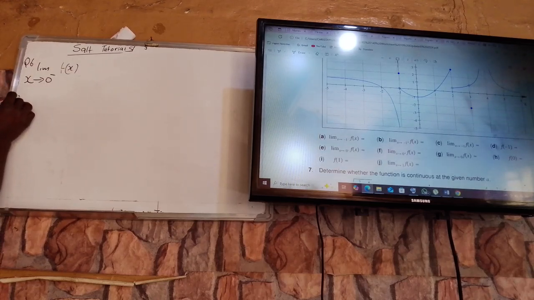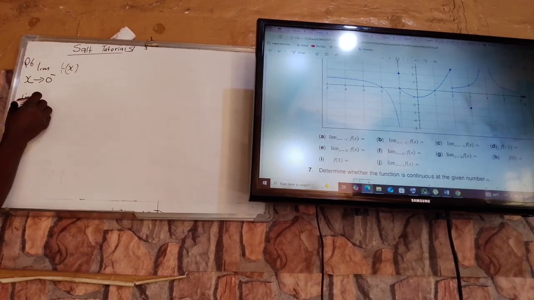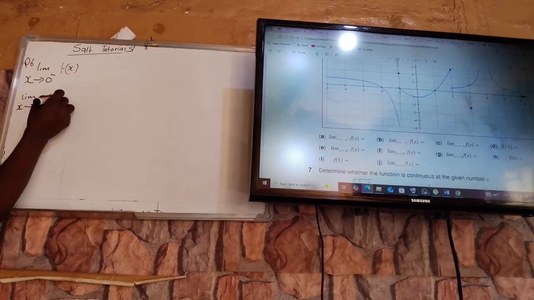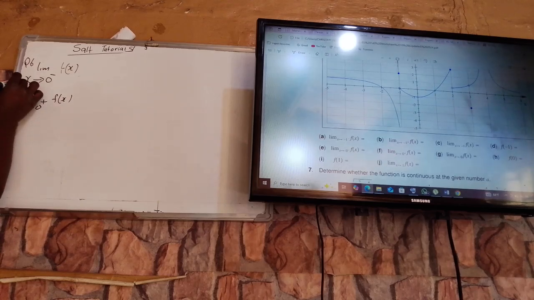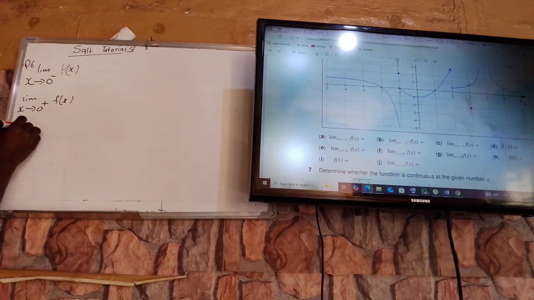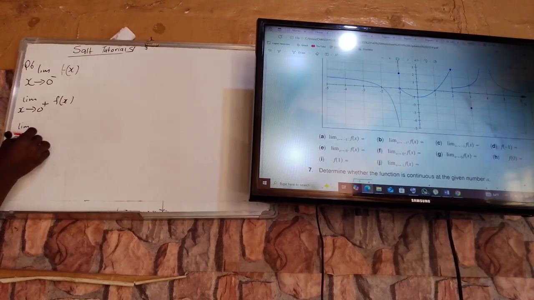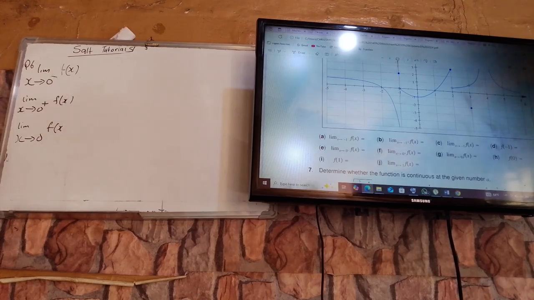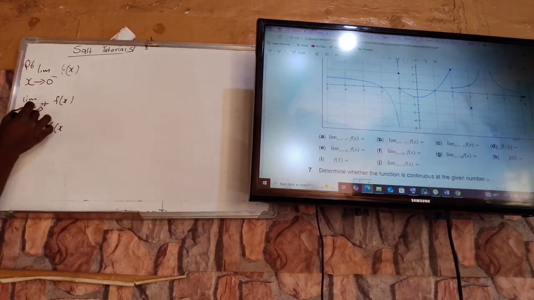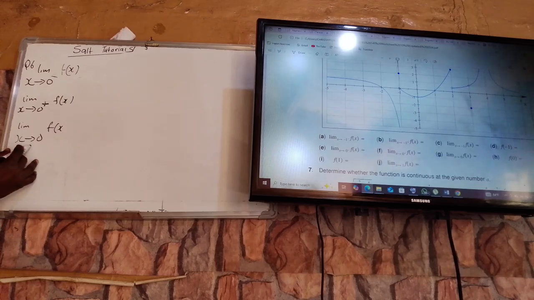After we find that, we want to find the limit as x approaches 0 from the right direction, which has a positive on top. After you do that, find the general limit now: the limit as x approaches 0 of f of x. The left limit has a power of negative. The right limit has a power of positive. And the general limit has just itself, just a number as itself.